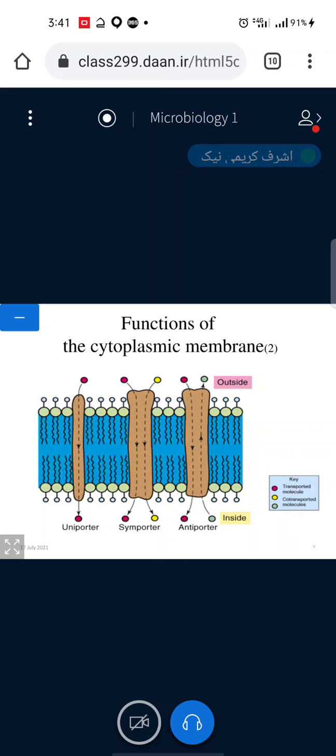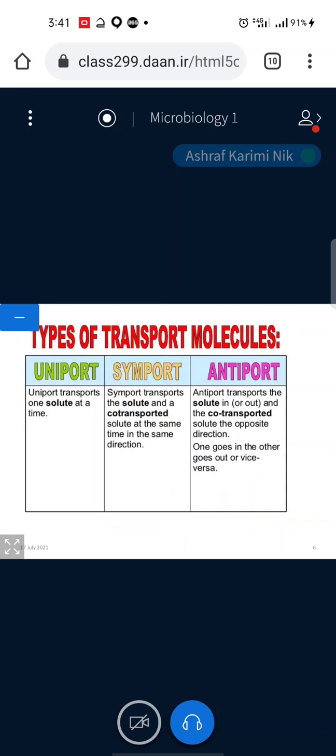Uniport means transporting one solute at a time.